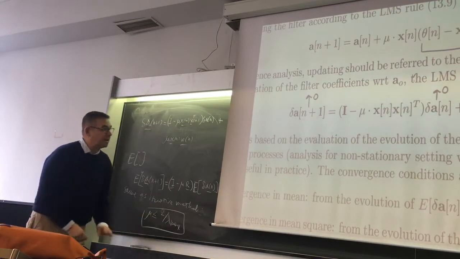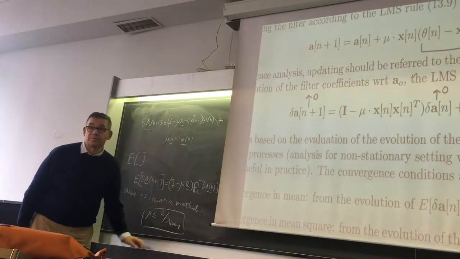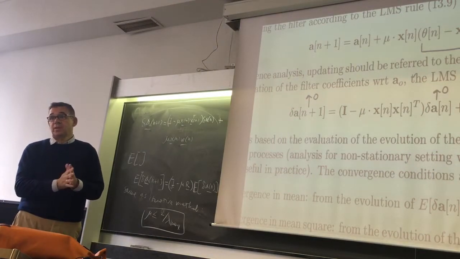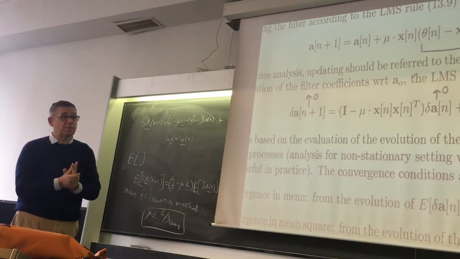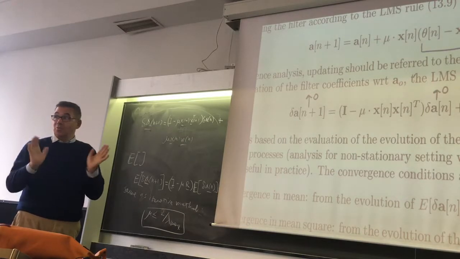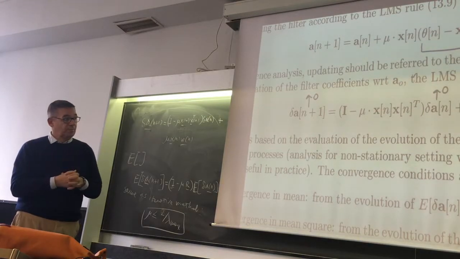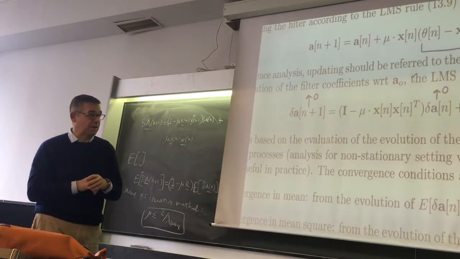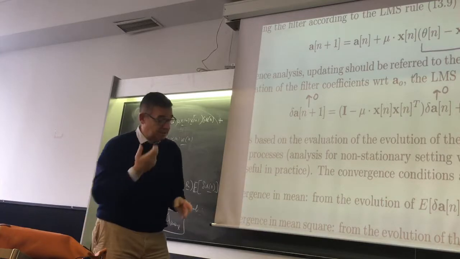So the most difficult part is the convergence in the mean square. I'm not proving that, otherwise it's going to take 3 hours. But I give you the result. The result is very complex, so that's the reason why I move straight into the result.